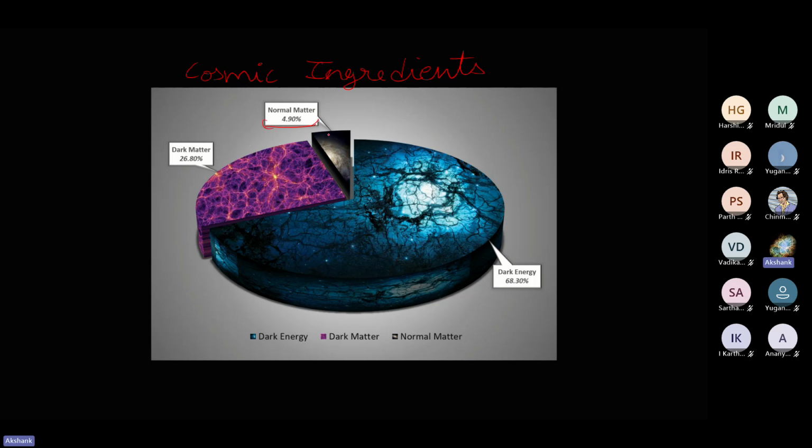All that you see around you, all matter that is present in the galaxies that is visible to you, is normal matter. But it's only less than 5% of the entire universe's energy. This is your mass energy pie chart, the energy budget of the universe.